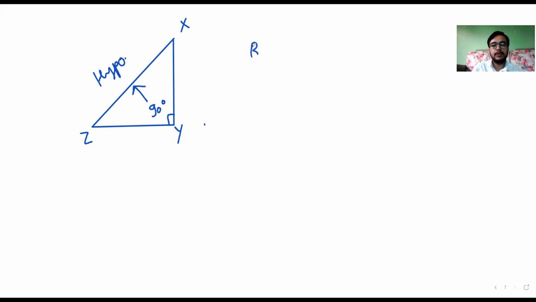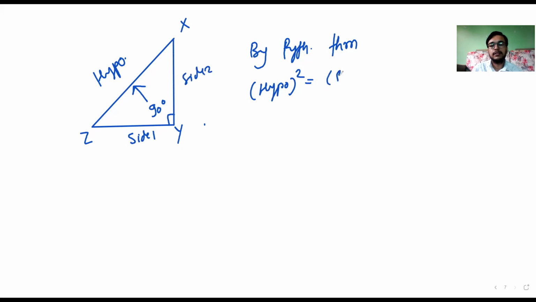Now, the Pythagoras theorem is always applicable in right angle triangles only. By the Pythagoras theorem, the hypotenuse square is equal to side 1 square plus side 2 square.